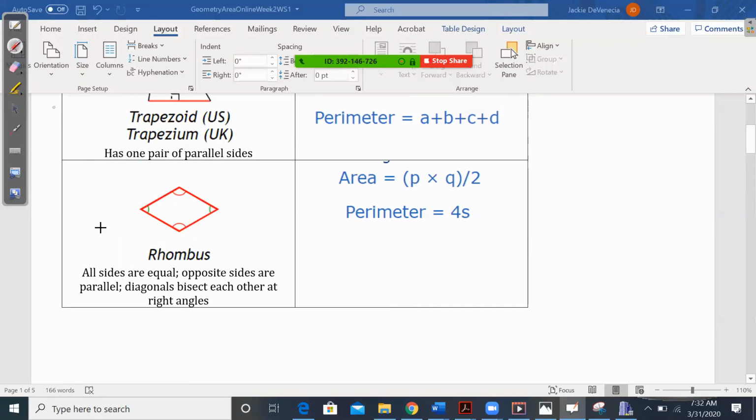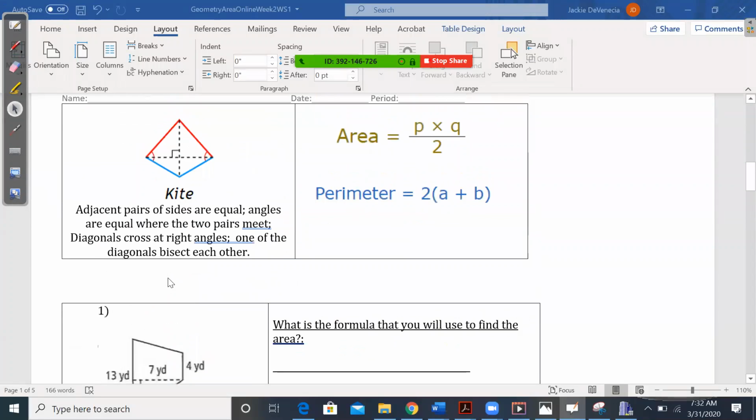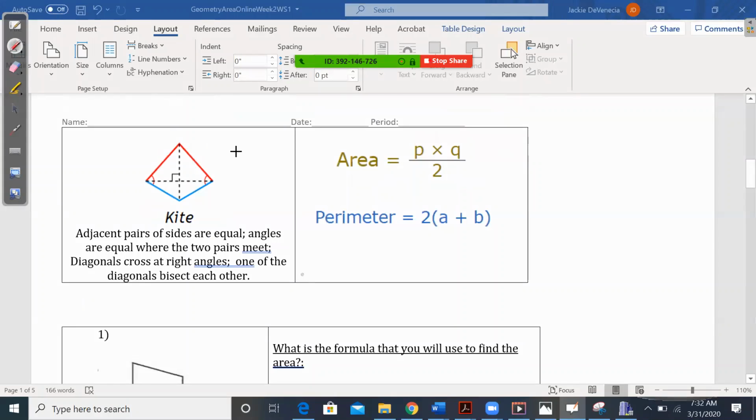The thing about the kite is that both of your diagonals won't be cut in half. Maybe one diagonal will be cut in half, but they're also forming the same right angles.